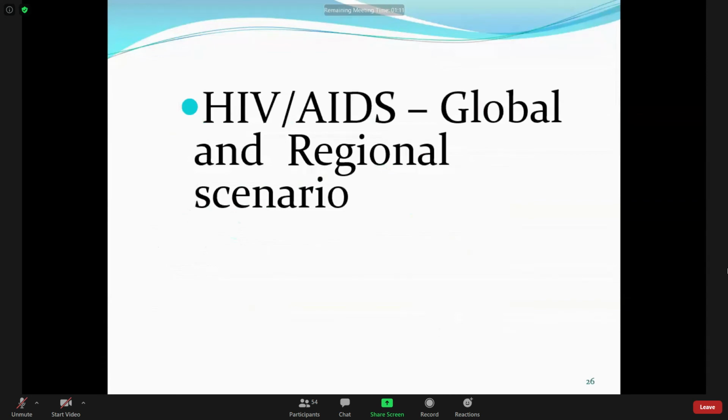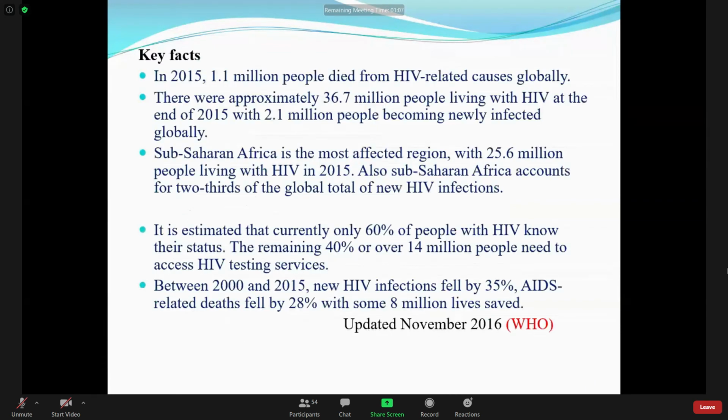Now the global and regional scenario. This is the scenario given by WHO, a little bit old data. In 2015, 1.1 million people died from HIV-related causes globally, mainly due to OI, opportunistic infection.